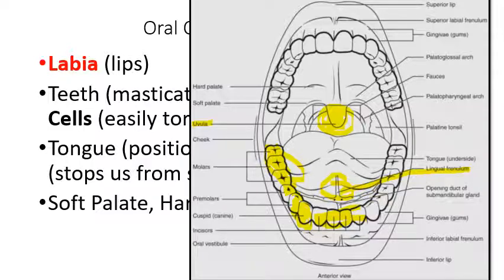Okay, what are the canine teeth for? Canine teeth are usually absent in herbivores, animals that eat vegetation, but the canine teeth are usually quite enlarged in animals like tigers because their main use is for killing.